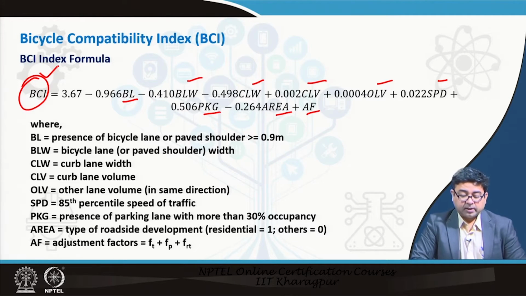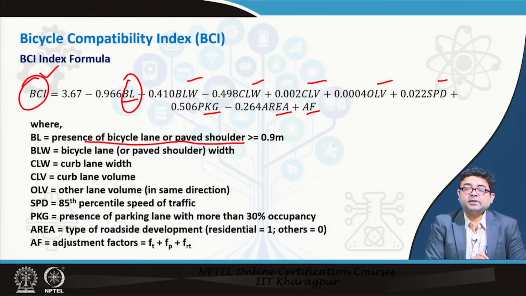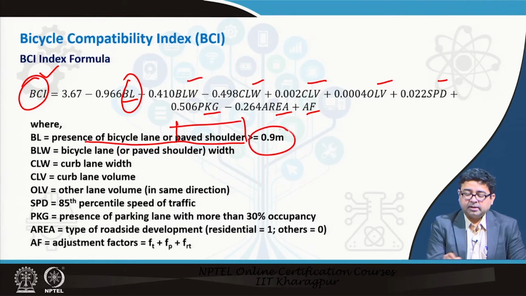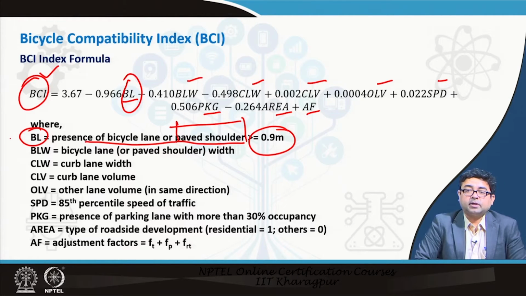If you start looking at each and every term of this, you will see that the first term that the compatibility index depends upon is the presence of a bicycle lane or paved shoulder. If there is a bicycle lane, or if the road has a paved shoulder greater than 0.9 meter in width, then the bicycle compatibility index depends upon this factor called BL.